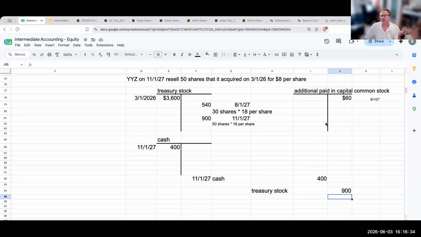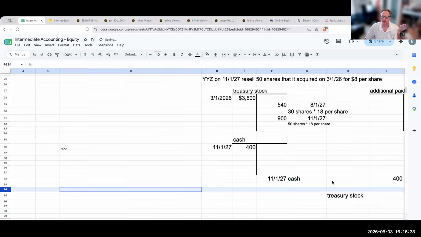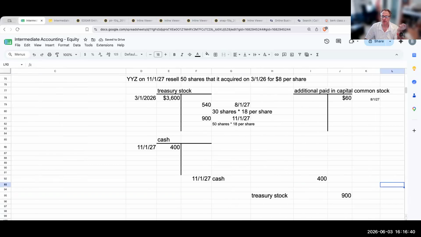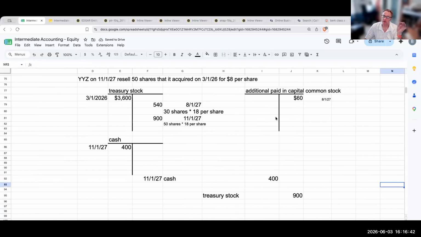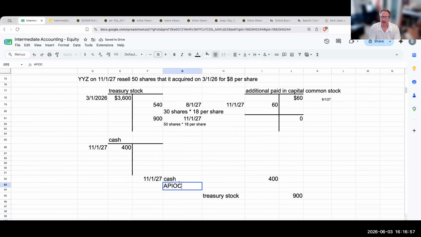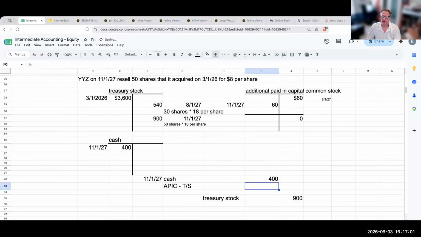So what I'm going to do first is look at the additional paid-in capital, if there is any, and bring that down to 0. So on 11/1/27, I'm going to debit additional paid-in capital, and this balance is now going to go to 0, basically debiting this here for 60.